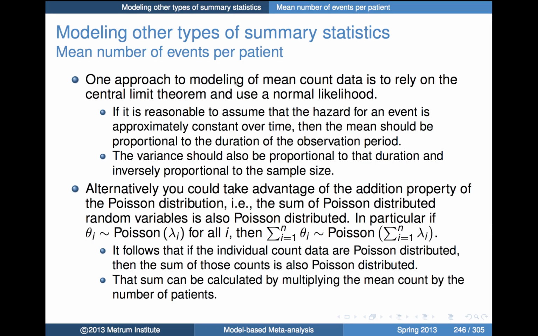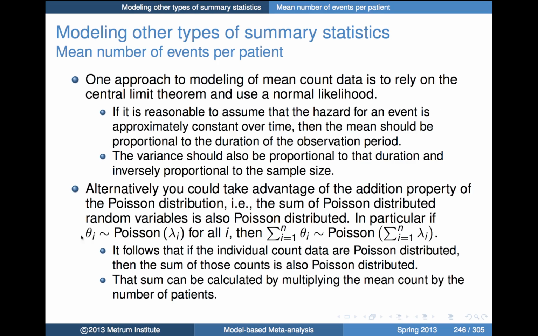But I mentioned another alternative, rather than using the normal approximation, which is to take advantage of a property of the Poisson distribution. The property I'm speaking of is that the sum of Poisson distributed random variables is also Poisson distributed.